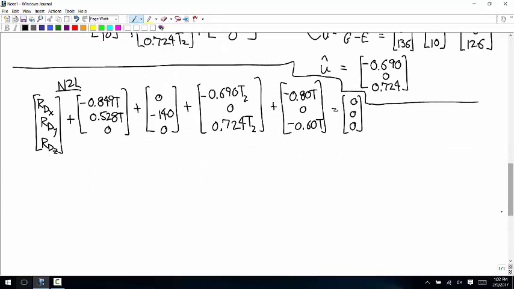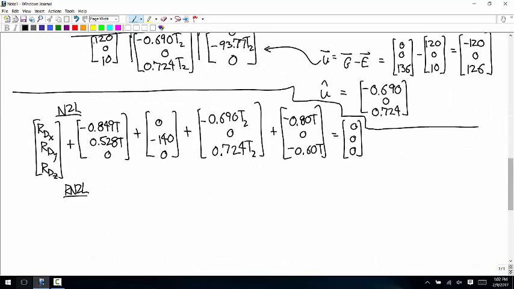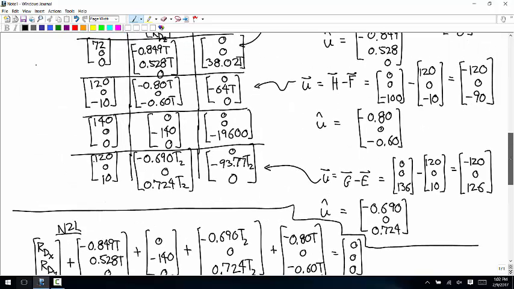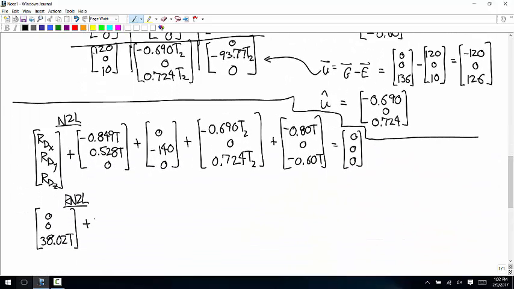And then the moment equation. You got 0, then you got 0, 0, 38.02 T. Then you got 0, negative 64 T, 0.